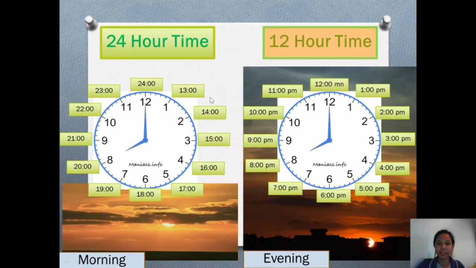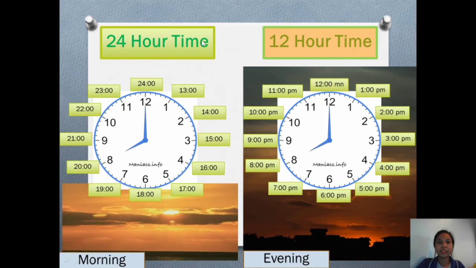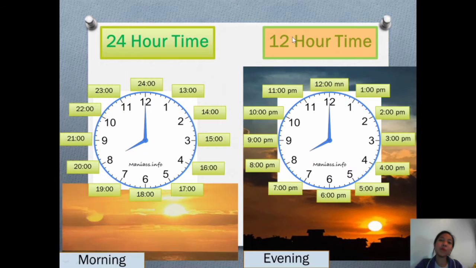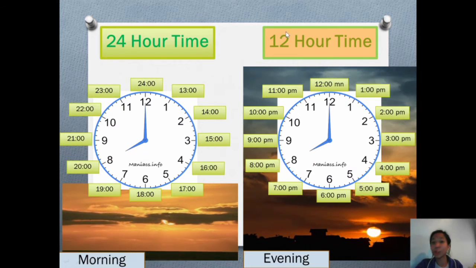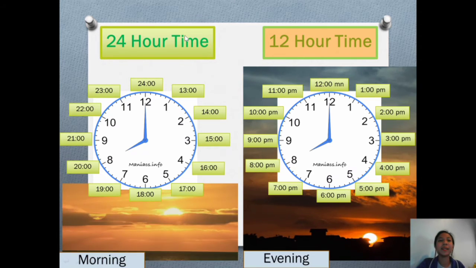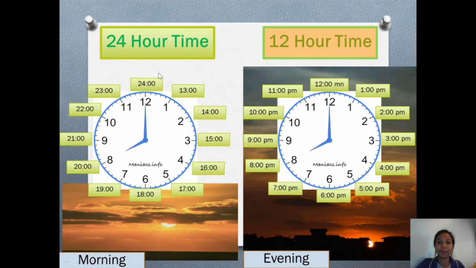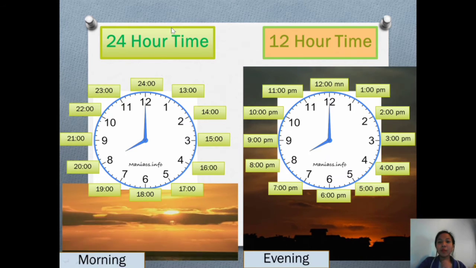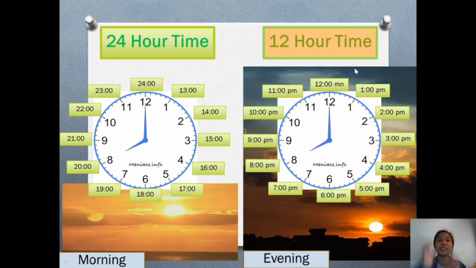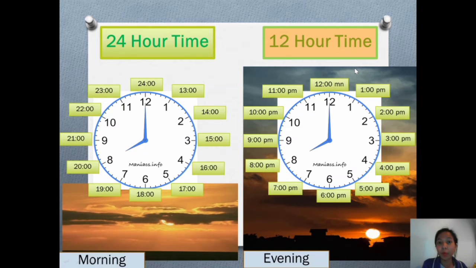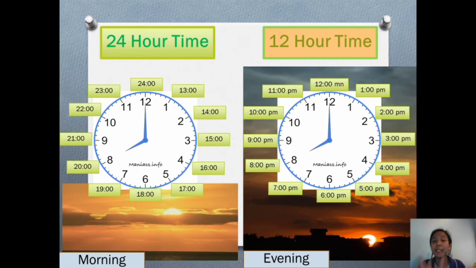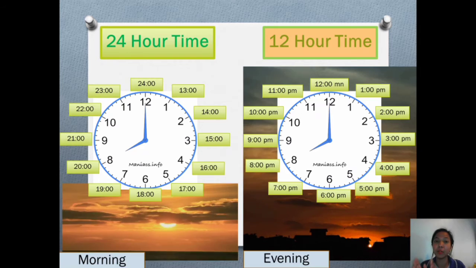Alright, understand? So that is the difference between reading in 12-hour time and reading in 24-hour time. Again, in 12-hour time, you're going to use AM for morning, PM for afternoon or evening.